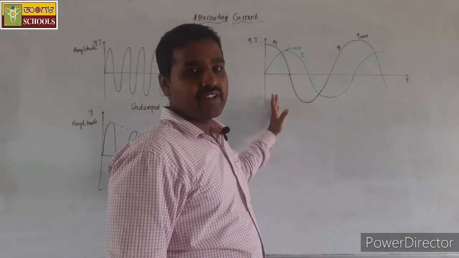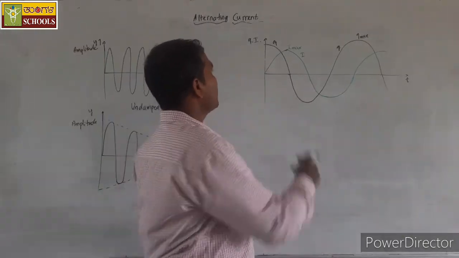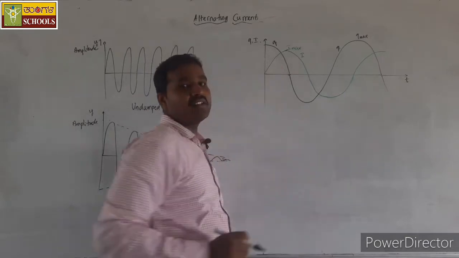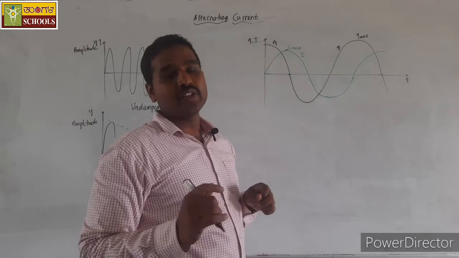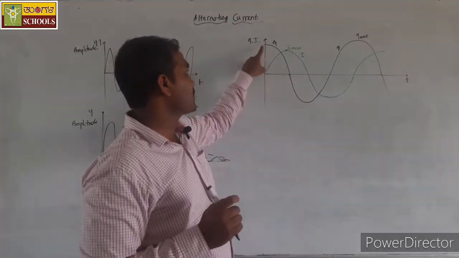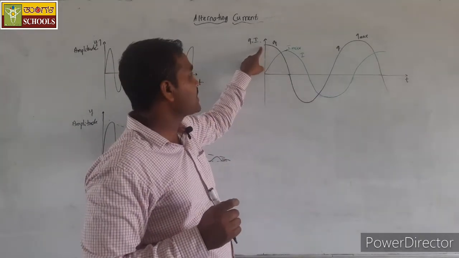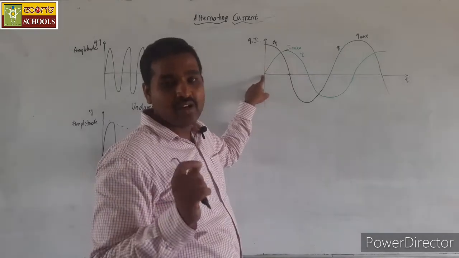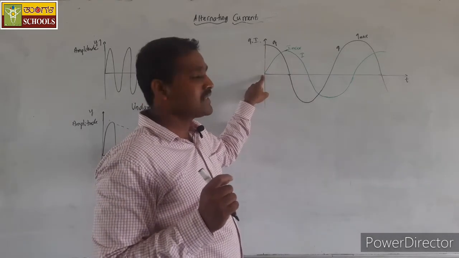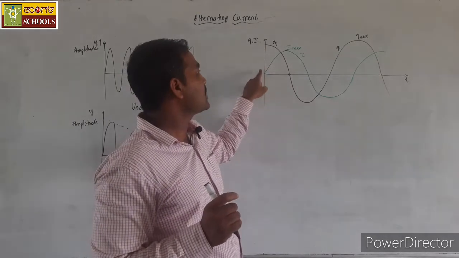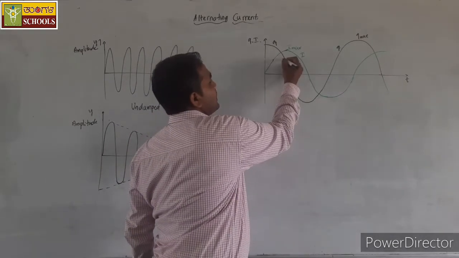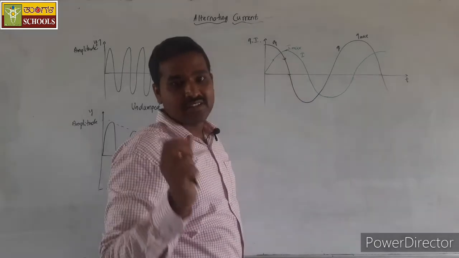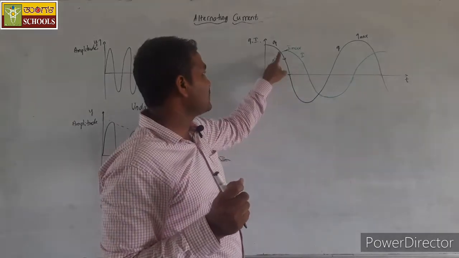In this figure we can see the variation of charge and current in the LC circuit with respect to time. When the capacitor is fully charged, the charge in the capacitor is maximum. At that point there is no current in the circuit. When the key is closed and the current starts increasing, the charge in the capacitor starts decreasing, that is, it gets discharged.